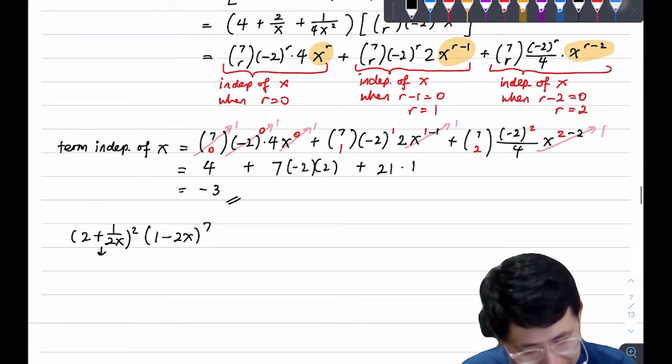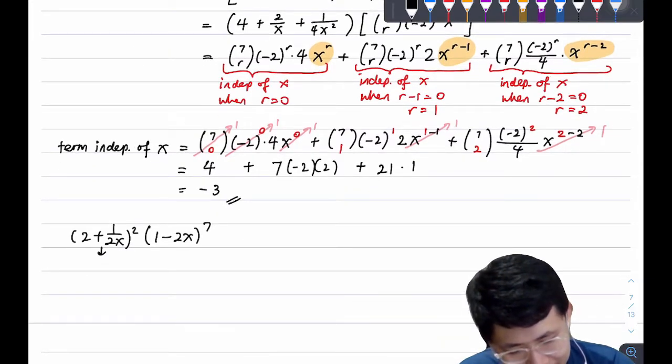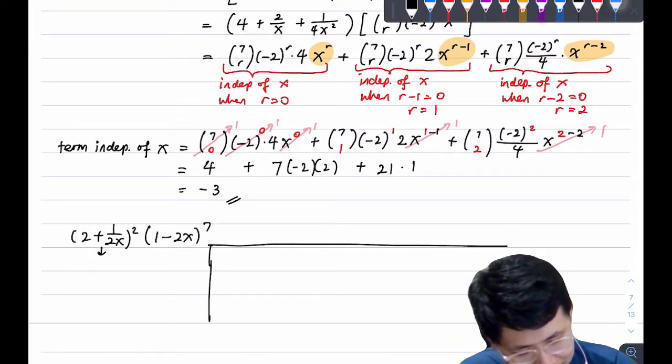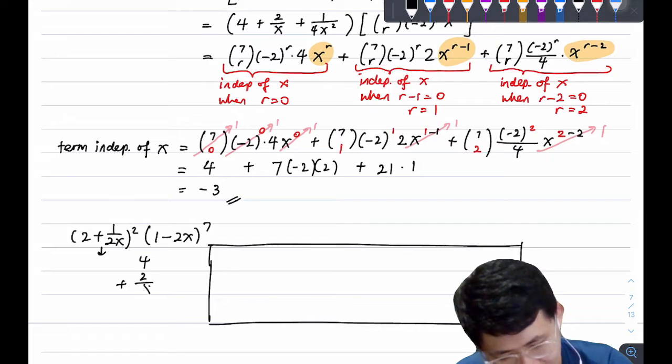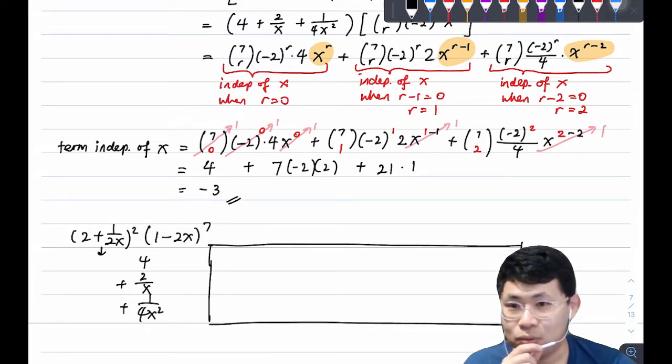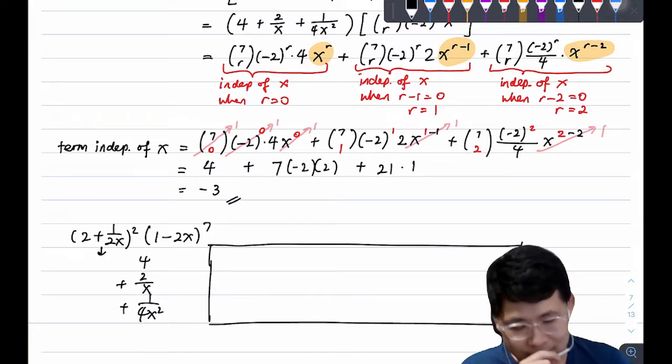When we look at this, we can think of it as the box method. When we expand this one, I have a 4 plus 2 over x plus 1 over 4x squared.